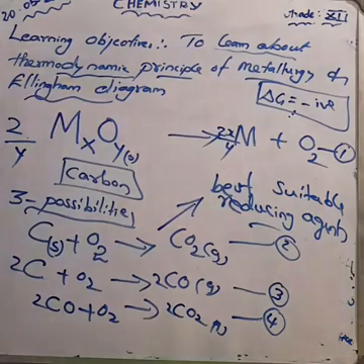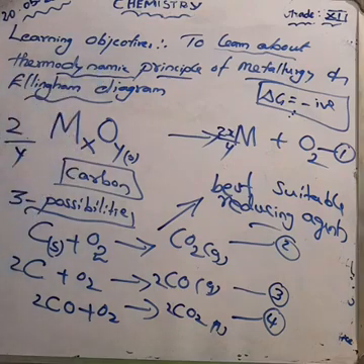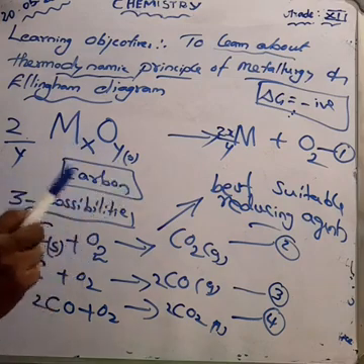So a suitable reducing agent is selected based on the thermodynamic consideration. That's the important point. The suitable reducing agent we can select, but it should be based on thermodynamic consideration. Listen, all of you. We know that for a spontaneous process, the change in the free energy delta G should be negative.